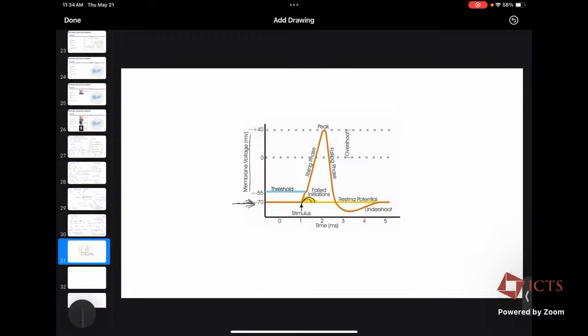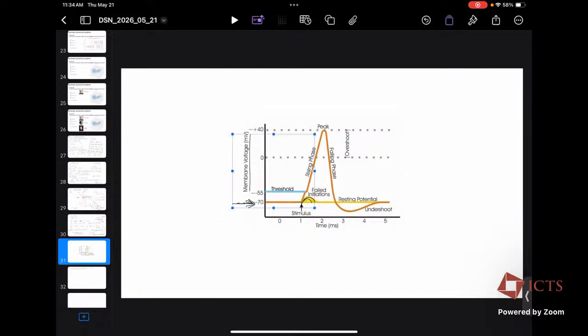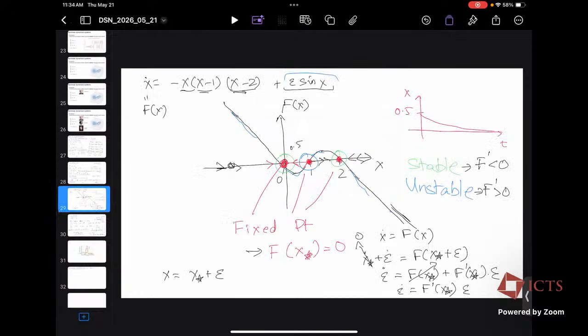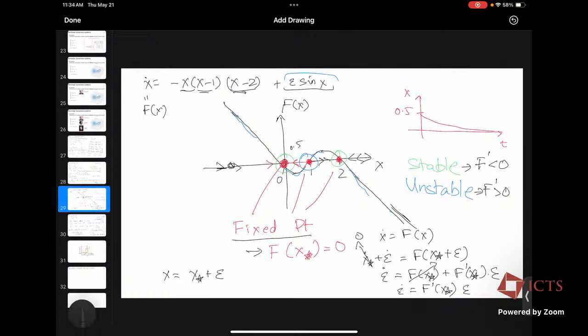If you remember, in last class we also talked about fixed points. We said that if x dot is equal to 0, that is f of x equals 0, that is when the f of x curve intersects the x-axis, you get objects called fixed points. These fixed points can be stable or unstable depending on the slope of this curve.